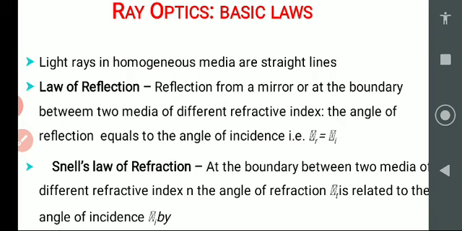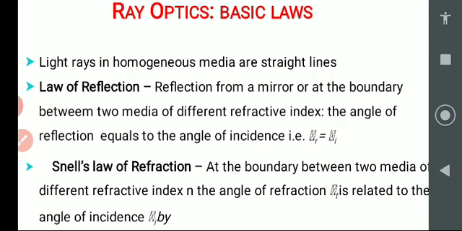It means when light strikes the core-clad interface, we know that core has a higher refractive index n1 and clad has a lower refractive index n2. This interface is important to decide the different index of refraction.